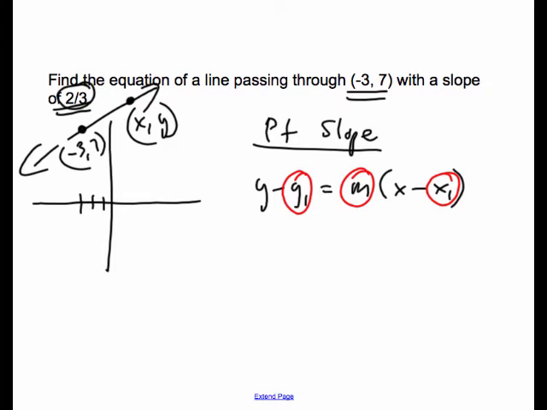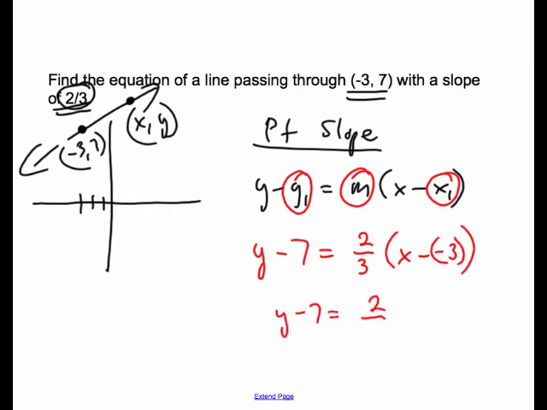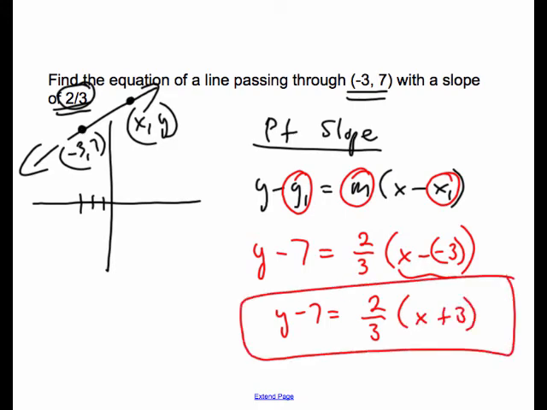So we're going to go y minus 7 equals our slope of 2/3, x minus negative 3, which simplifies to x plus 3. And that's the equation of our line. We could simplify it to isolate y, but we don't have to.